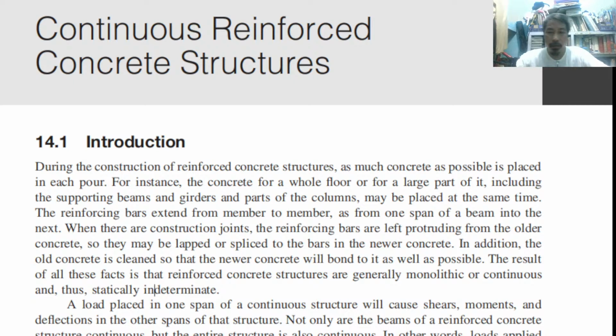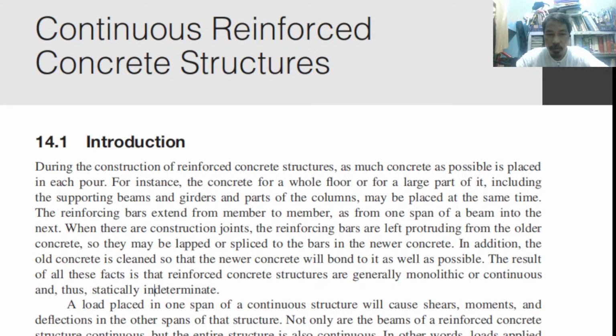So what happens? After some time, after curing of some other phase of the construction, the old concrete is cleaned so that the newer concrete will bond to it as well as possible. The result of all of this work is that RC structures are generally monolithic, or continuous.